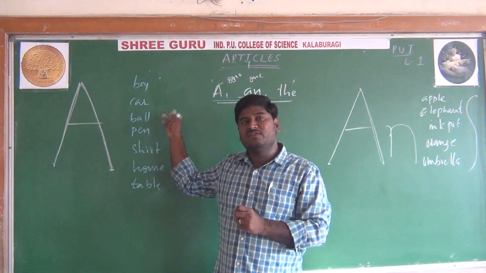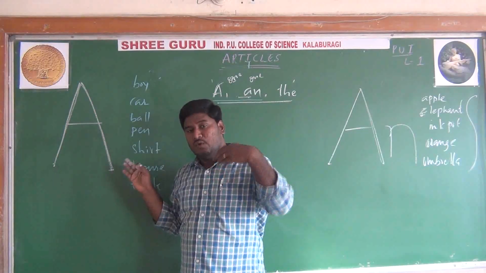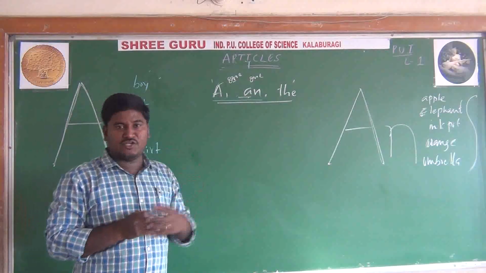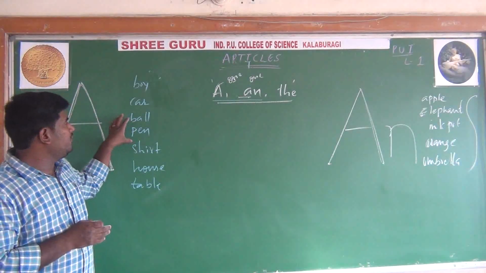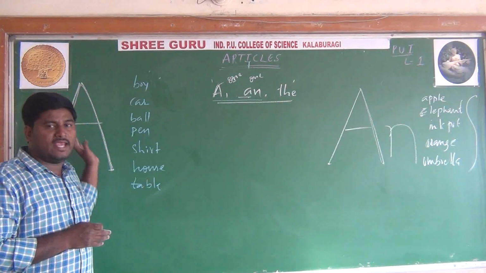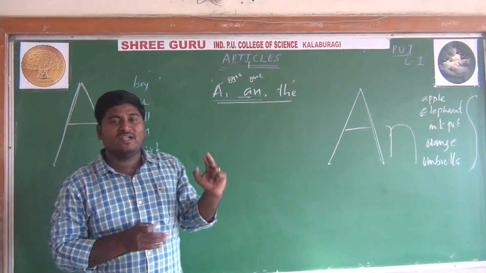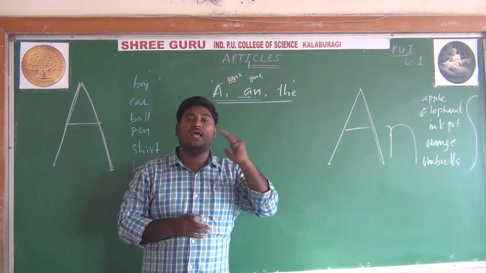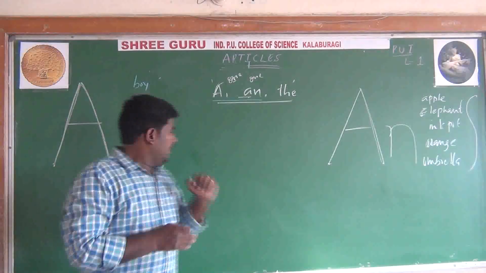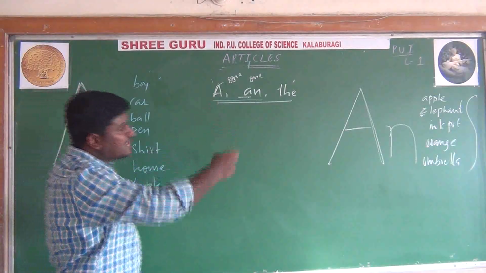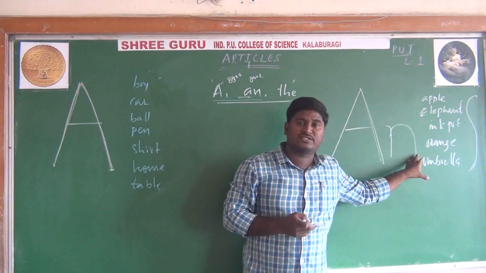If the nouns are already known, discussed, or certain, before them you should not use a or an. So a is used before a singular noun which has a consonant sound, and an is used before a singular noun which has a vowel sound.